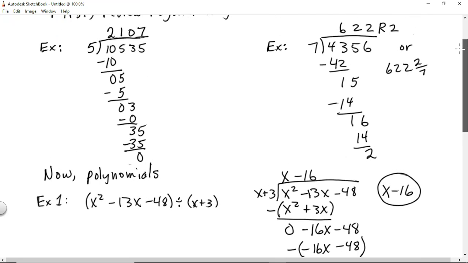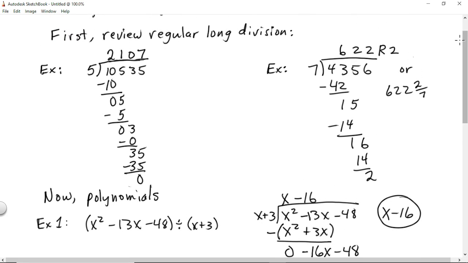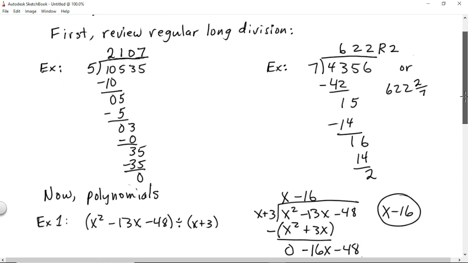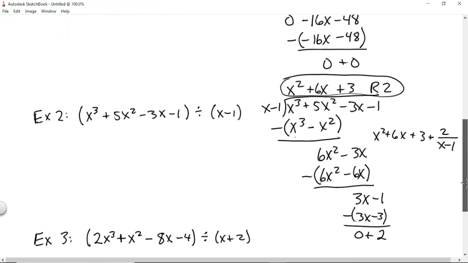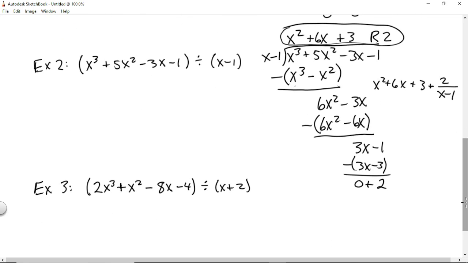Remember, we had a remainder. This example right here, right? So we took the 2 divided by 7 because of that 7. Okay. Those are the two ways of writing it. Two ways of writing the answer.